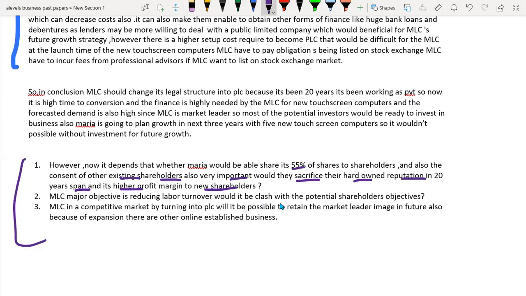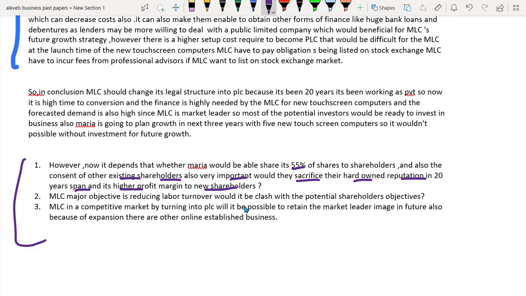So would it clash with the potential shareholders' objectives, because they will be targeting their own objective, which would be increasing the wealth of the shareholders? But their main problem and main objective was decreasing labor turnover from 2000 till 2026, so maybe that might clash. MLC is in a competitive market.